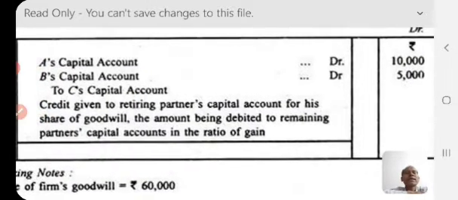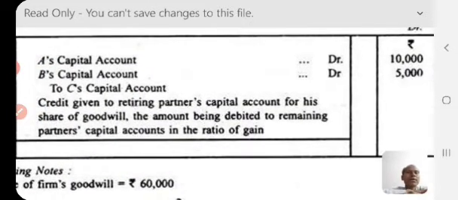Narration: credit given to retiring partner's capital account for his share of goodwill, the amount being debited to remaining partners' capital accounts in the ratio of gain.